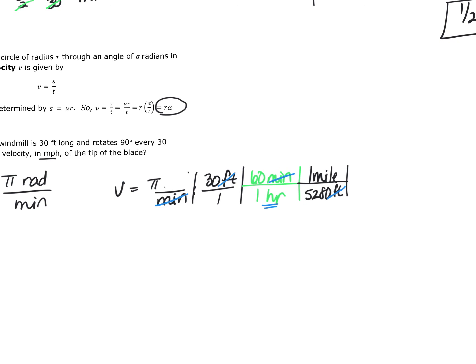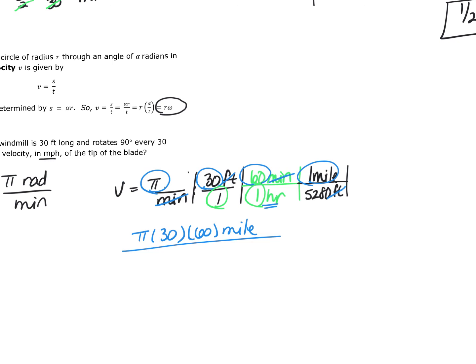So my answer is, in the numerator, I'm going to have pi times 30 times 60 times the mile unit. In the denominator, I'm going to have 1 and 1 and 5280 and hour.